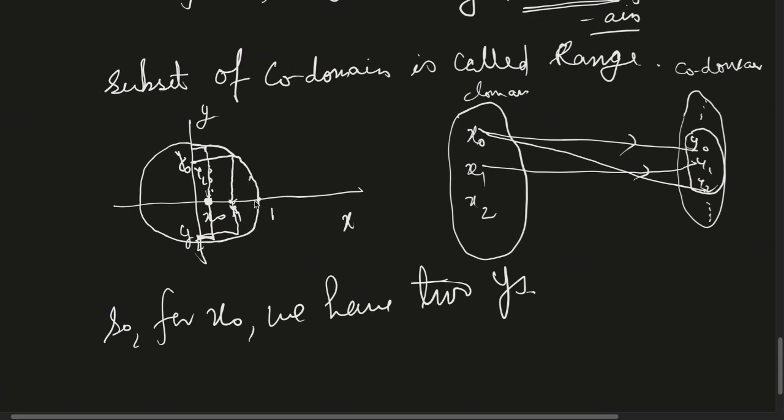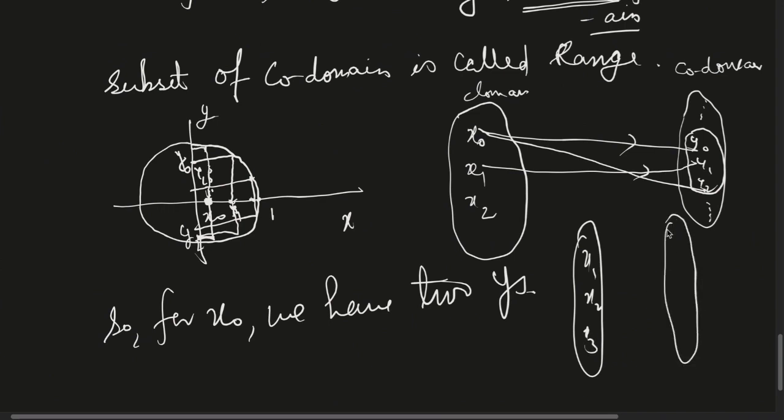If you see this x, then these two are the two values of y. So for every x, there are two images of x in the codomain. There are two values of y. So let us say x1, x2, x3, like that, y1, y2, y3, y4, something like that. x1 will have some image y1 and y2.